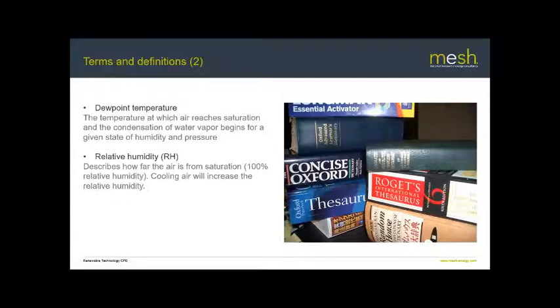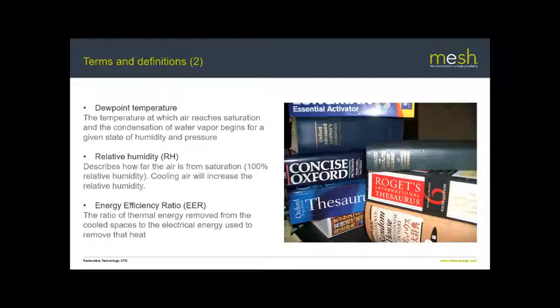Cooling the air will increase the relative humidity because the ability of air to transport moisture is reduced as the temperature is reduced. And finally, the energy efficiency ratio is similar to the COP of a heat pump. It's the amount of thermal energy that can be removed from a cool space for a given unit of electrical energy. A high EER is good and a low EER is bad.